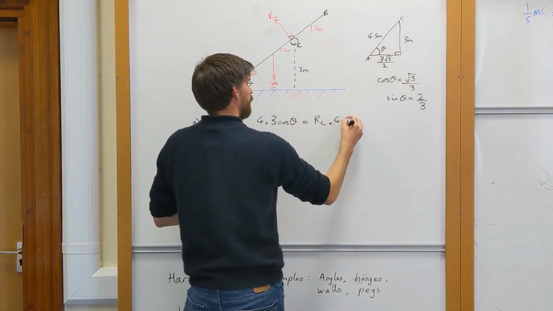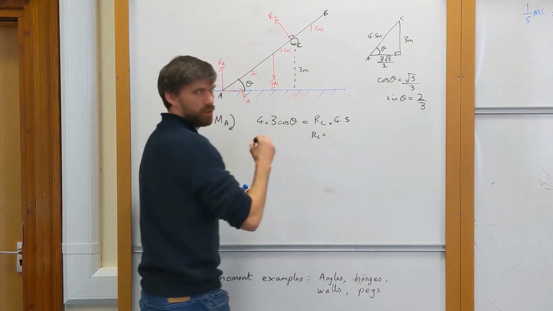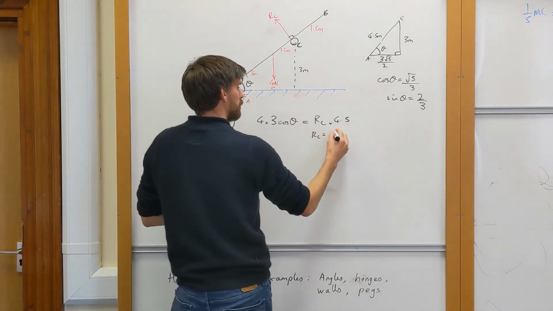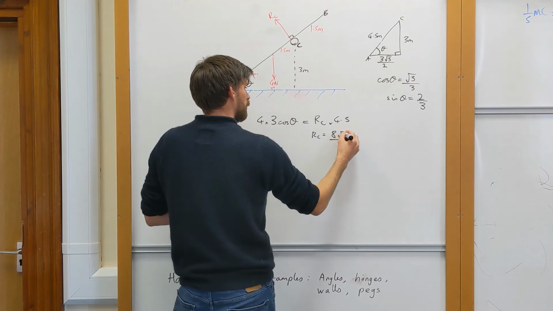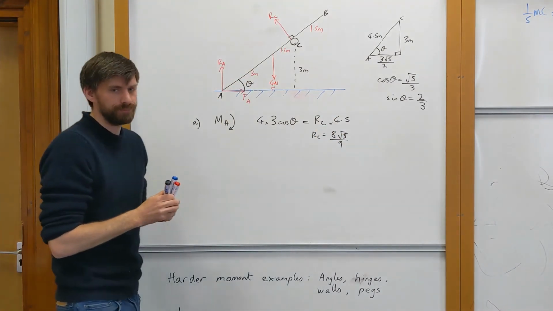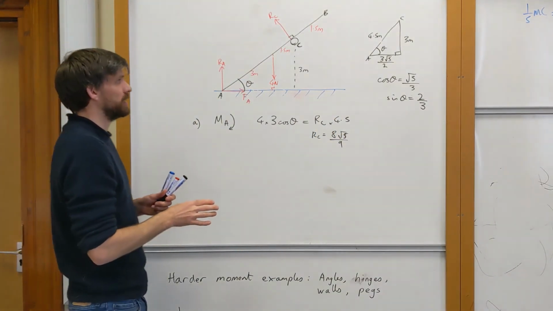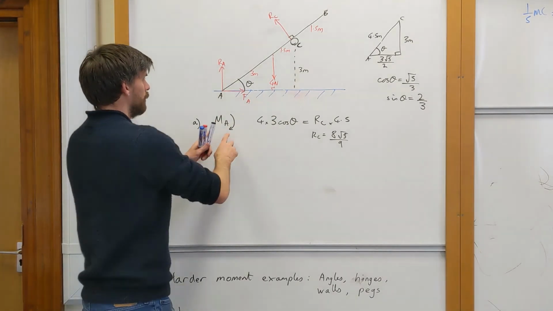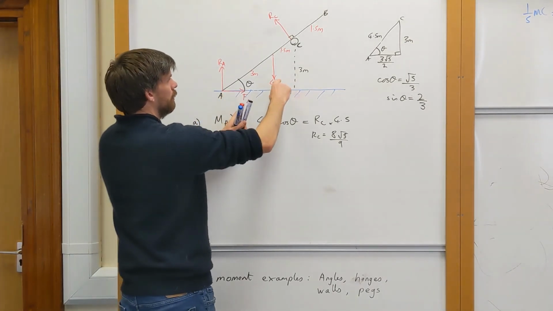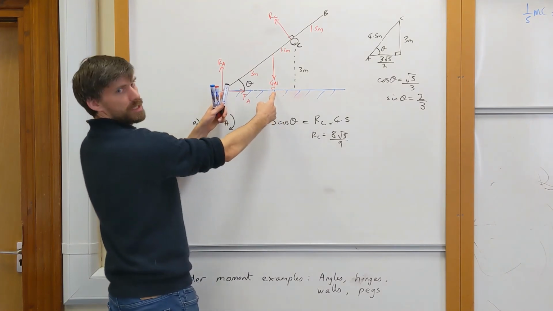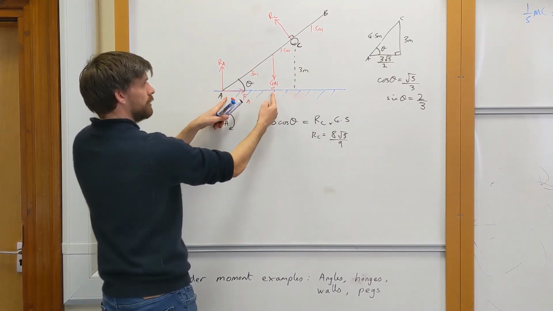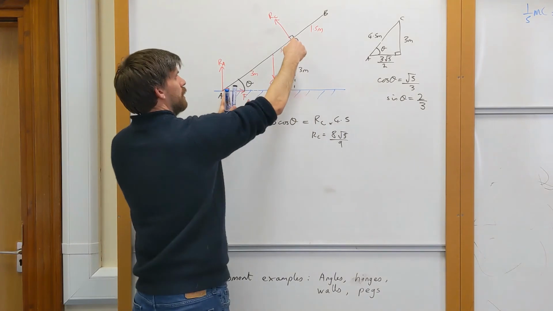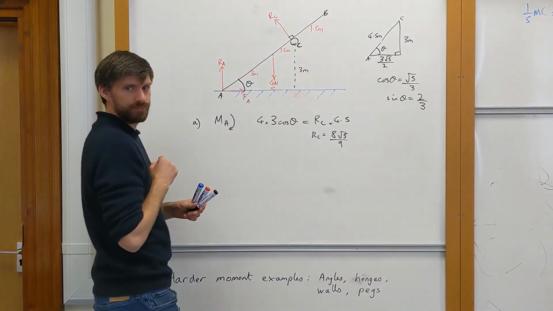So times 4.5, which if you solve, gives you an RC, reaction C of 8 root 5 upon 9. Okay, fine to leave it in an exact form. We're dealing in newtons, no G involved or anything like that. We're taking moments around A, 4 times 3 cos theta, perpendicular distance, is equal to RC times 4.5.